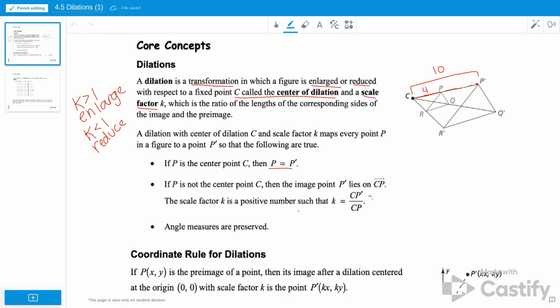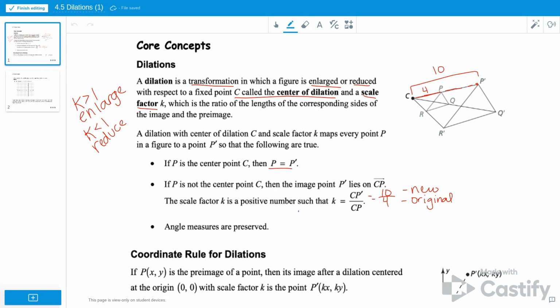But then my scale factor would be 10 over 4. So it's always your new image divided by your old image. And so our new divided by our original length is how we get our scale factor. And so this one, 10 over 4 reduces to 5 over 2, so it's 2.5 times.